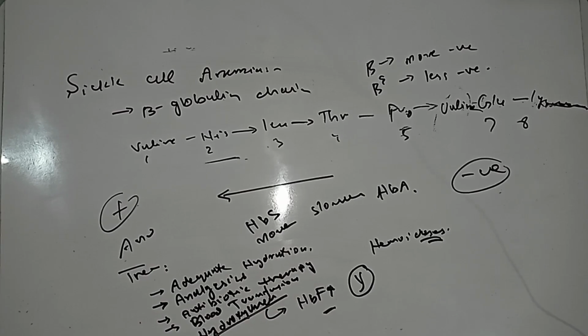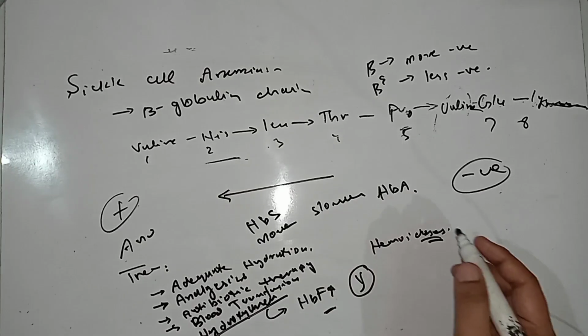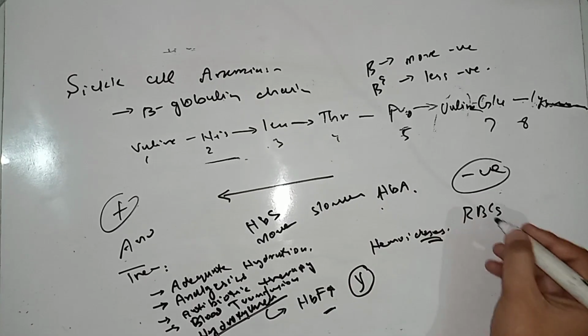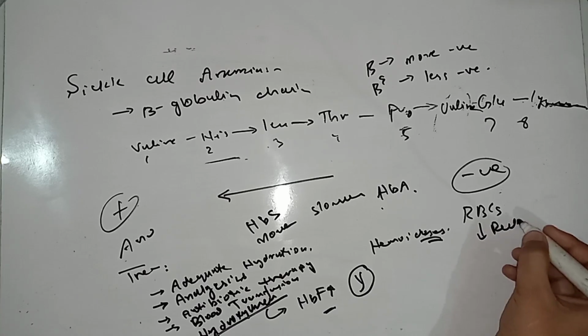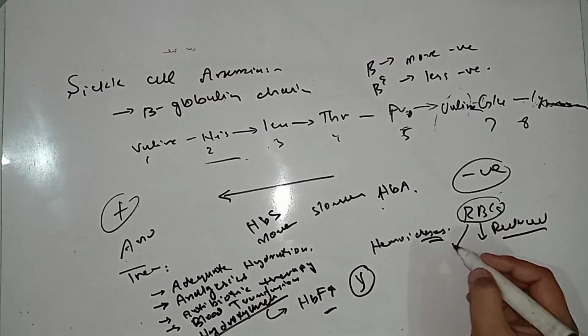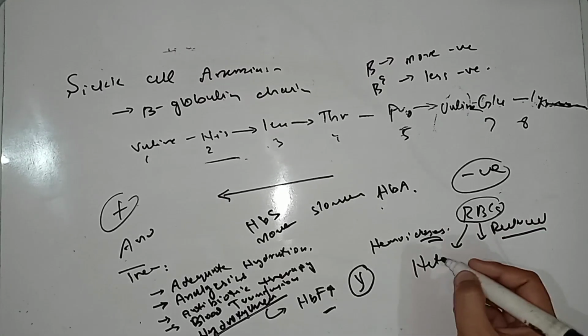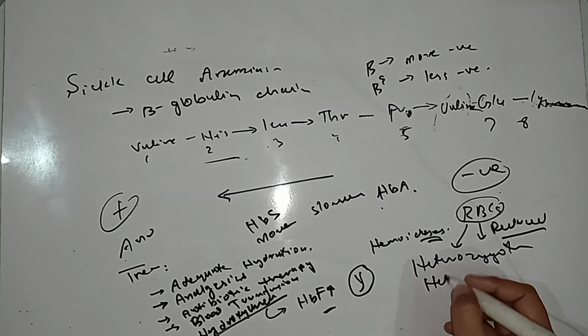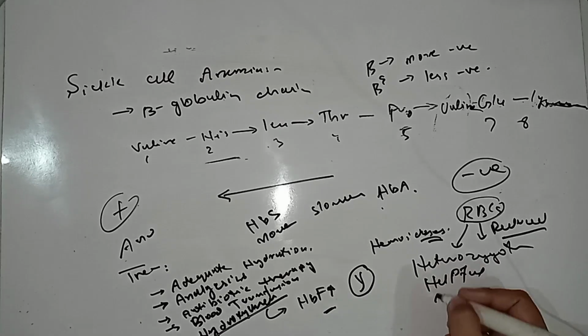There is an advantage of heterozygote. We discussed that this is the condition which is due to defective beta chains, and due to defective beta chains, the RBC's lifespan is reduced. And this reduced RBC lifespan, in heterozygote condition, proves helpful against malaria.